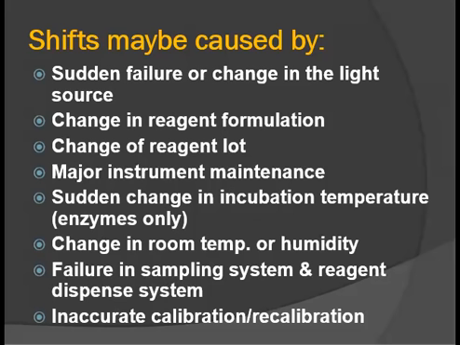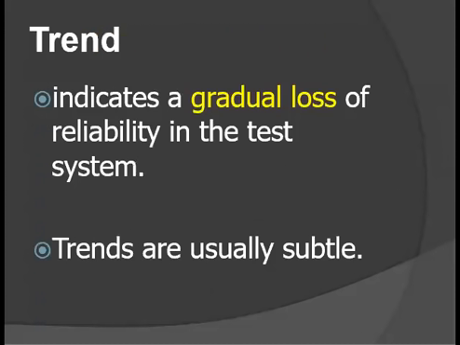Now, we also have this what we call trend. Okay, so kung si shift po, there is an abrupt change. In trend po, there is only a gradual loss of reliability. So when we say gradual, slowly. But even though it's slowly, it is still continuously happening.